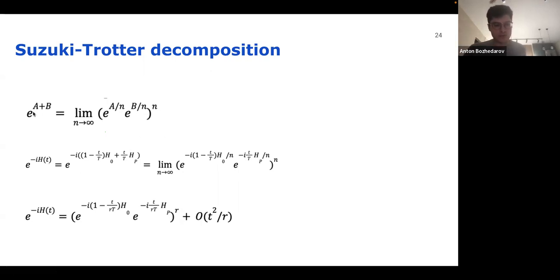When we have the exponential form of a matrix sum, where A and B are matrices, not just numbers, we can describe it as a multiplication of the matrix exponent of each of them, but we need to take the limit to infinity.